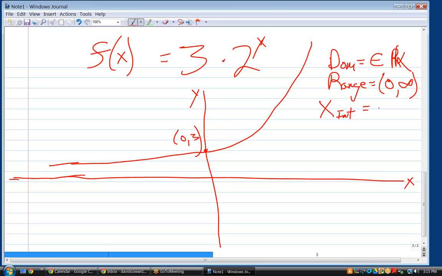Yeah, at 0, 3. No, we don't. That is a y-intercept. Is this increasing or decreasing? Increasing. Does it have any symmetry? No. Good.